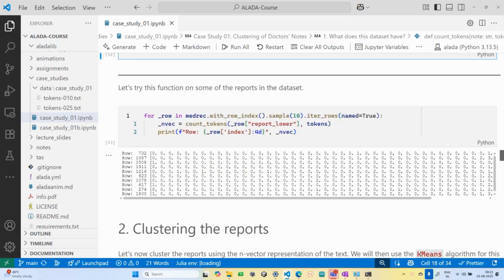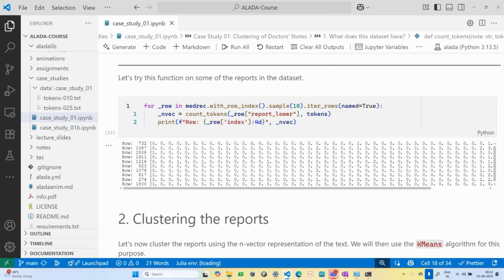Okay. So once you do that, this is essentially what we get. I'm simply printing here maybe 10 different rows of the data and their corresponding count vectors. This is row 732.